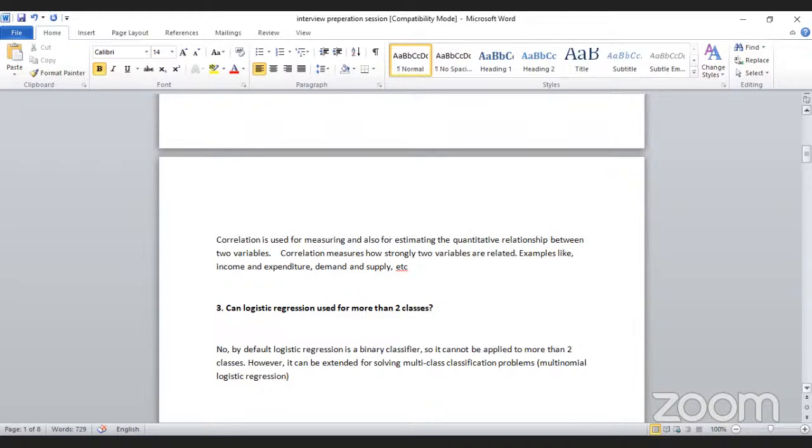However, it can be extended for solving multi-class classification problems, which is known as multinomial logistic regression.